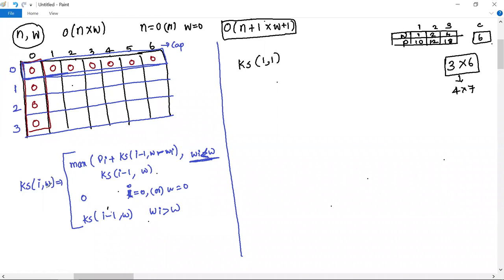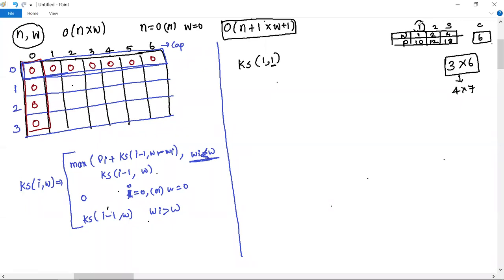Now either I can include the first object or I may ignore it, right? But before trying to include that object, you need to know the current capacity and the size of the object. The current capacity of the knapsack is 1 and the weight of the first object is also 1.